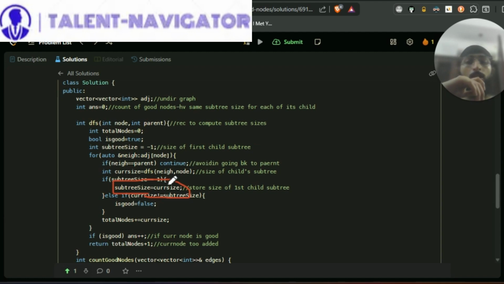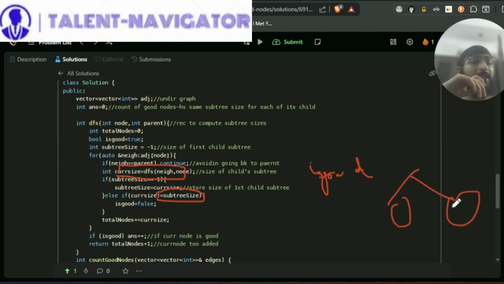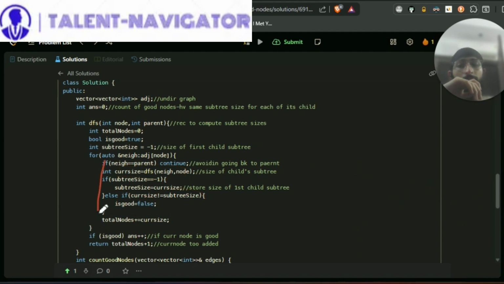If the current size we get from the DFS function is not equal to subtree size, then we set is good to false, because we have found a subtree whose size differs from the other children. When we've checked all these conditions, we add the current size to total nodes.